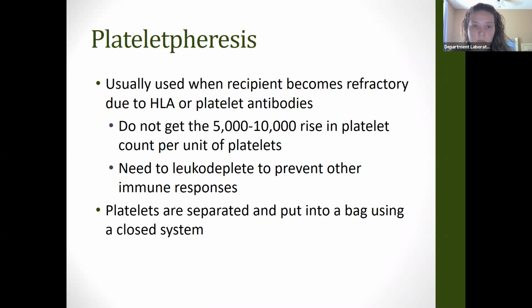Most all of your platelet products will be leukodepleted to get rid of those white cells, and all of our platelets will be irradiated as well, just because those platelet antigens and HLA antigens can occur on those platelets as well. So we will irradiate.